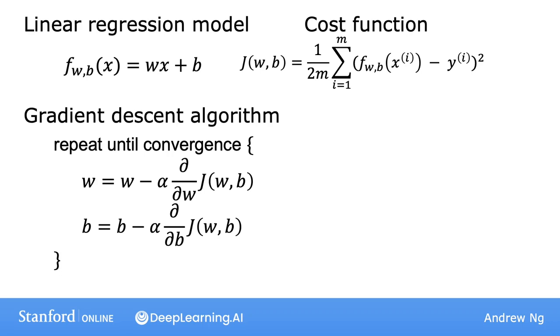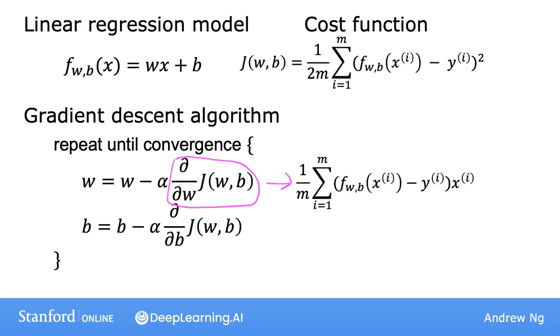It turns out if you calculate these derivatives, these are the terms you would get. The derivative with respect to w is this: 1 over m, sum from i equals 1 through m, of the error term, that is the difference between the predicted and the actual values, times the input feature x i.